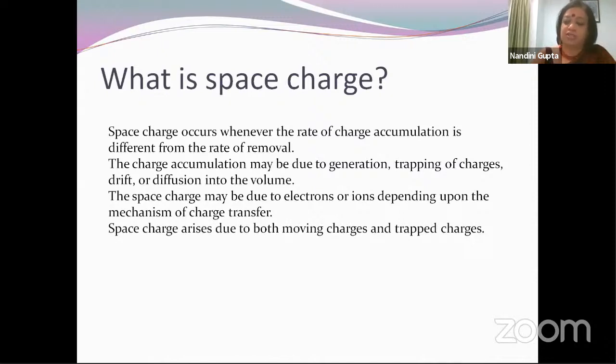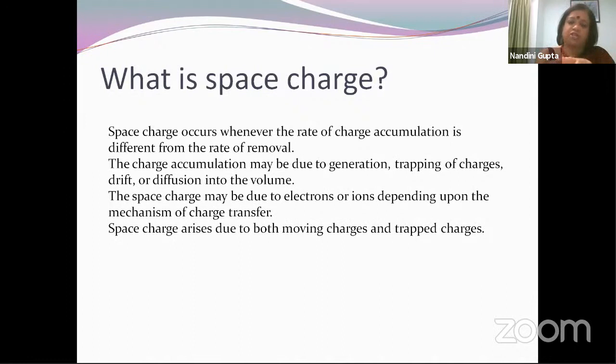But there is another consequence, which will be discussed in the lectures, but let me still touch upon it. The most important consequence of space charge accumulation in solids is, I'm going to limit my discussion to solids, because if I start talking about gases and liquids, there are so many other processes which may come into the picture.